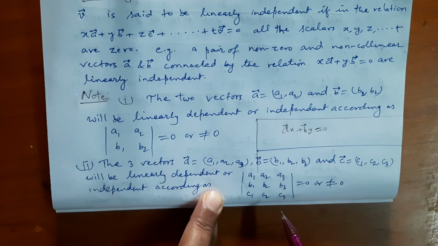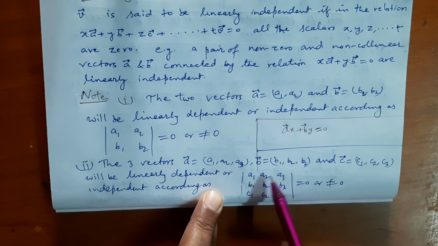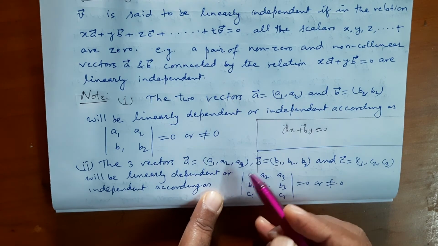So if this determinant equals 0, then they are linearly dependent, and if the determinant is not equal to 0, they are linearly independent.